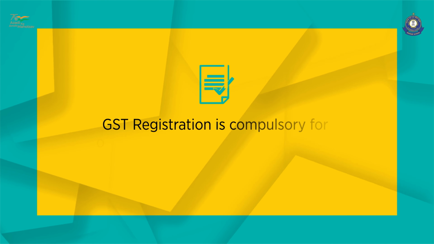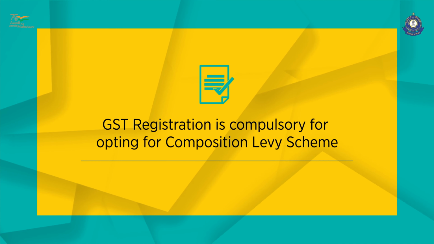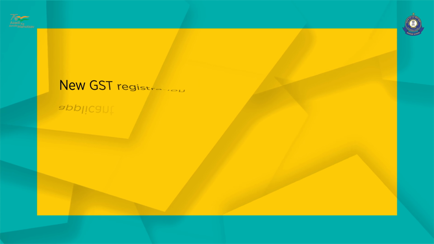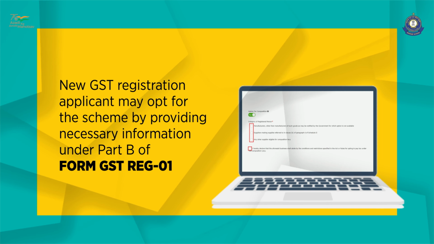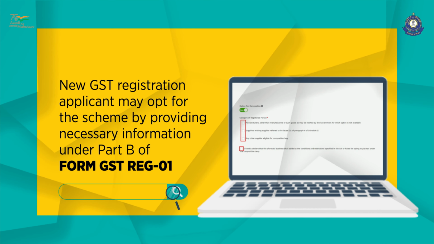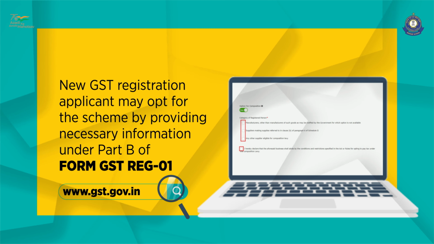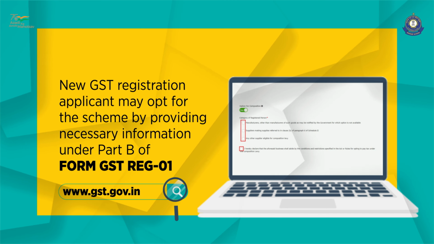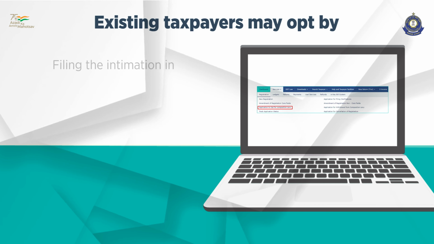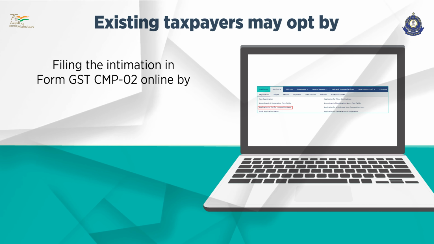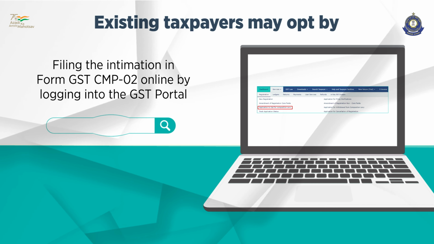Registration under GST law is compulsory for opting for the scheme. A new GST registration applicant may opt for the scheme by providing necessary information under Part B of Form GST REG 01. Any registered person who wants to opt for composition levy has to file GST CMP 02.